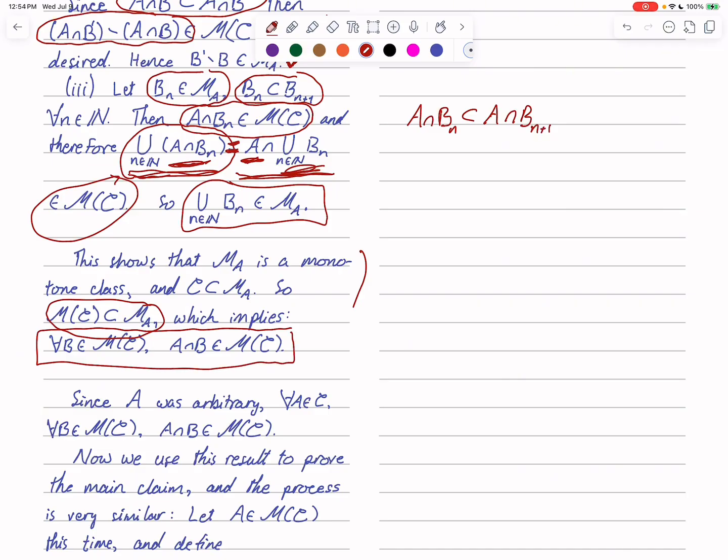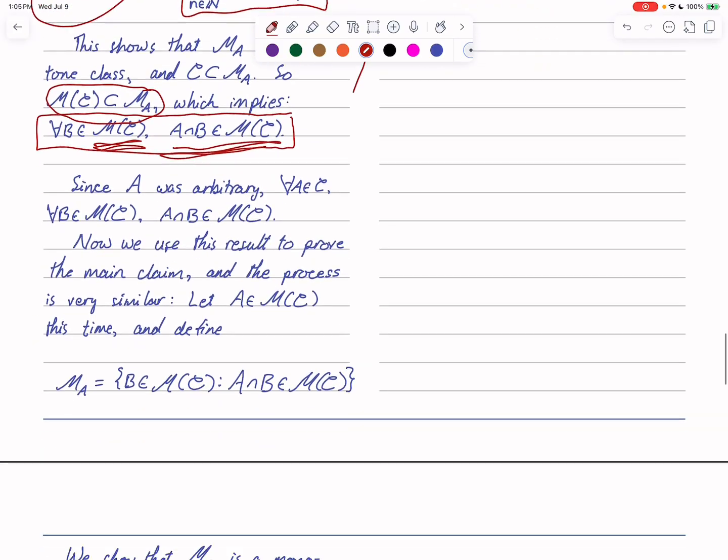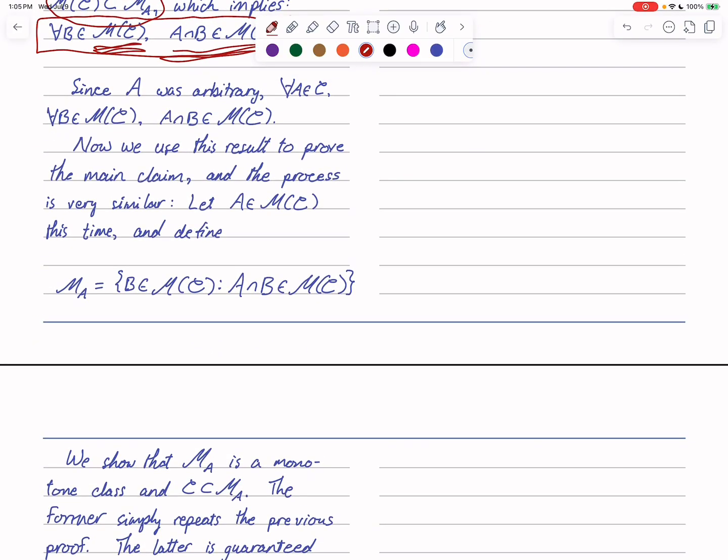For this A, if you pick any element out of the monotone class, the intersection is in the monotone class. So effectively what this shows is exactly what we set out to prove, which is that if you take anything from the generator and anything from the monotone class, the intersection is in the monotone class. And we use this to prove the main claim.